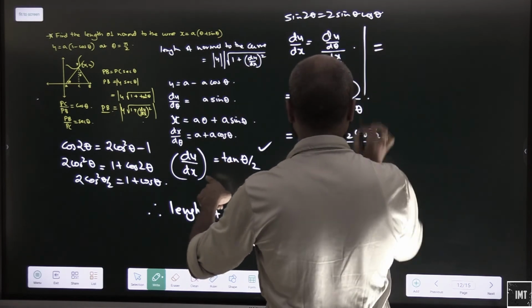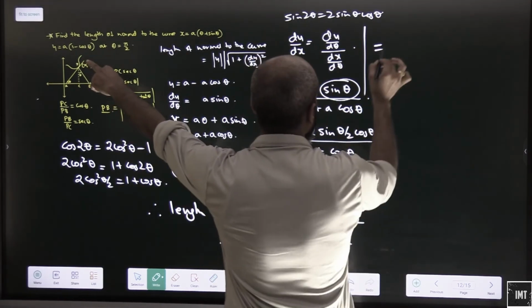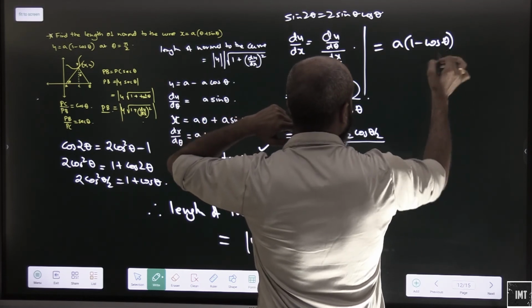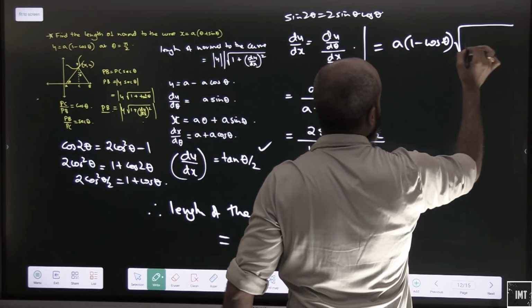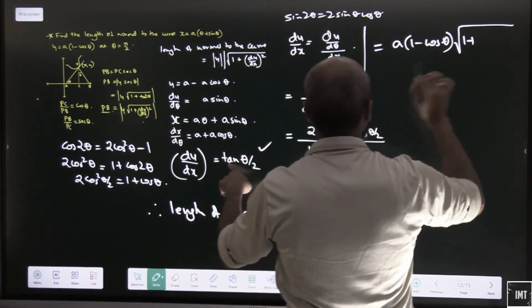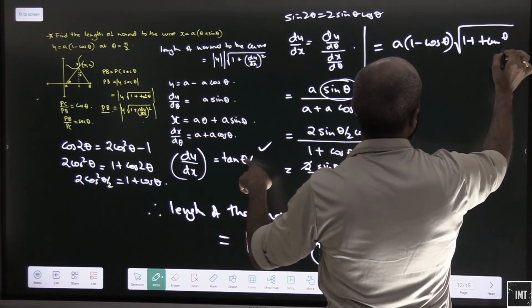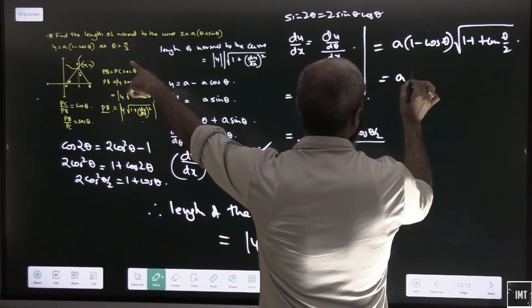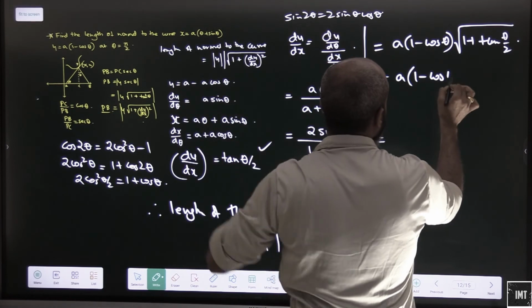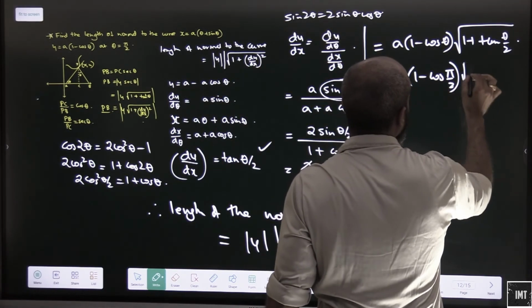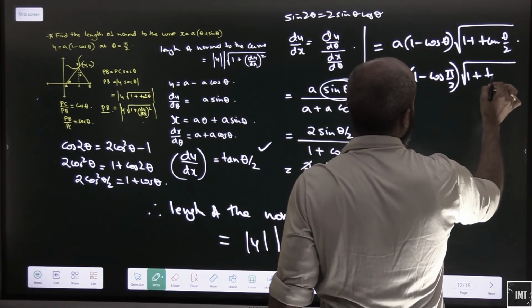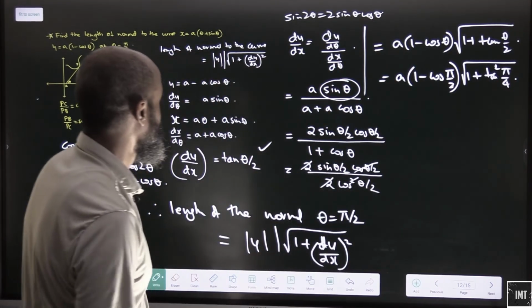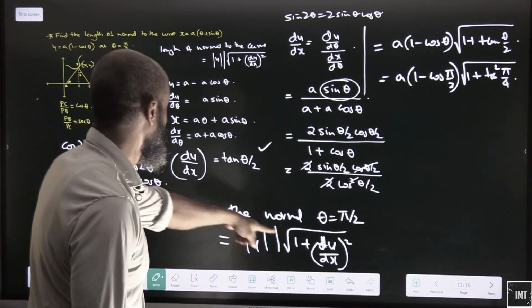So in place of y we put a into (1 minus cos theta), and here it will be 1 plus tan square theta by 2. With theta as pi by 2, this will be a times (1 minus cos pi by 2) times the square root of (1 plus tan square pi by 4).